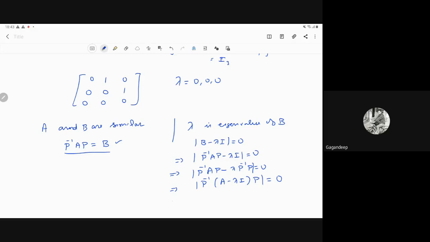Yes. Now you know this result: if there are three matrices in multiplication, the determinant can be written as determinant A into determinant B into determinant C. Use it. You can write determinant of P inverse, determinant of A minus lambda I, determinant of P. Now club these two again.